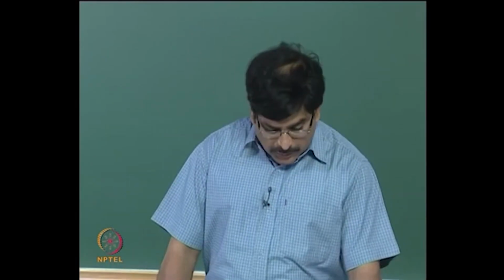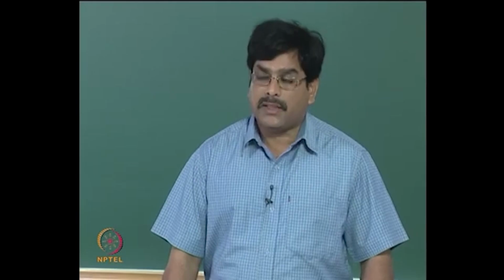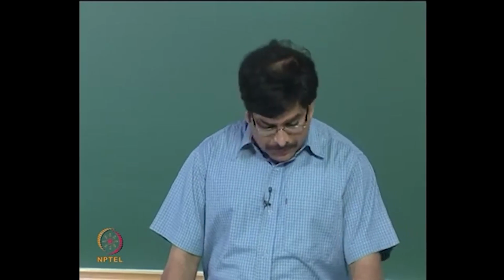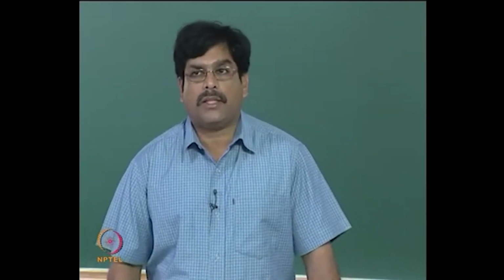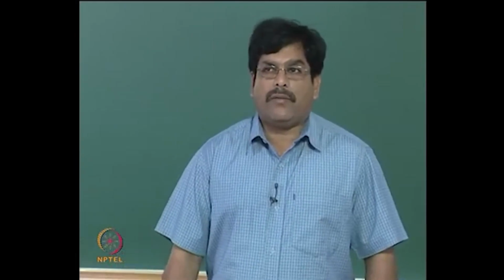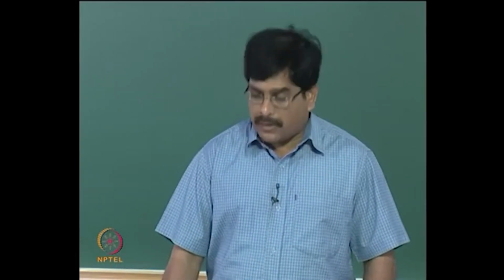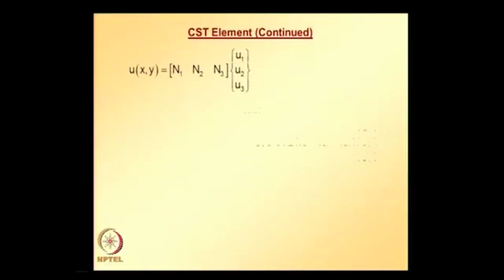These trial solutions can be expressed in terms of shape functions using methods that we discussed earlier. So, u can be written as N1 u1 plus N2 u2 plus N3 u3. Similarly, v can be written as N1 v1 plus N2 v2 plus N3 v3, which can be expressed in matrix and vector form in this manner.